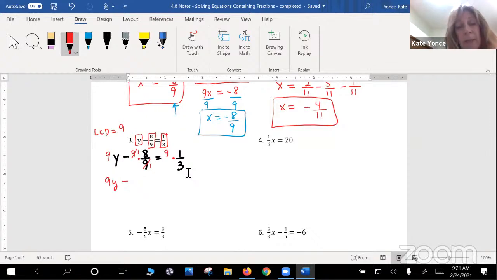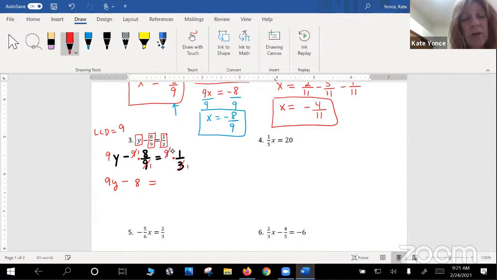So now we just have an 8. And we're going to cross cancel this denominator into 9. Remember, our goal is to make every denominator a 1. That's why we pick an LCD, which is a number that all of these would go into. If we only picked 3, this one would have crossed off, but this one wouldn't have. We would have still had a denominator. So how many times does 3 go into 9? 3 times.